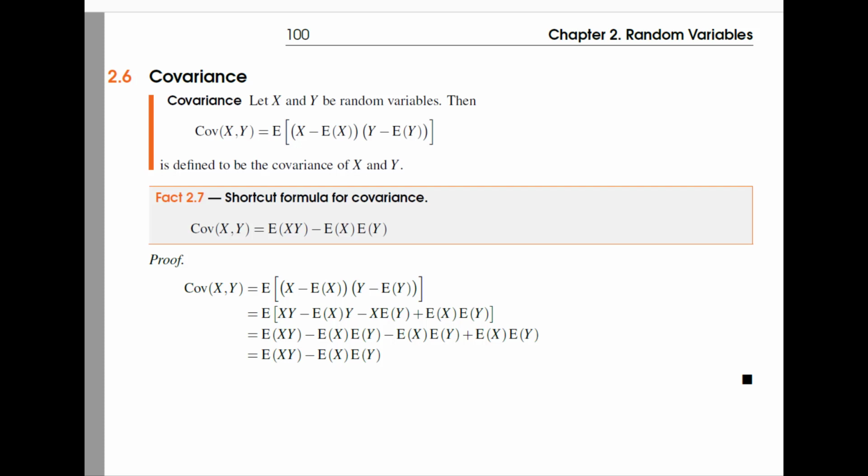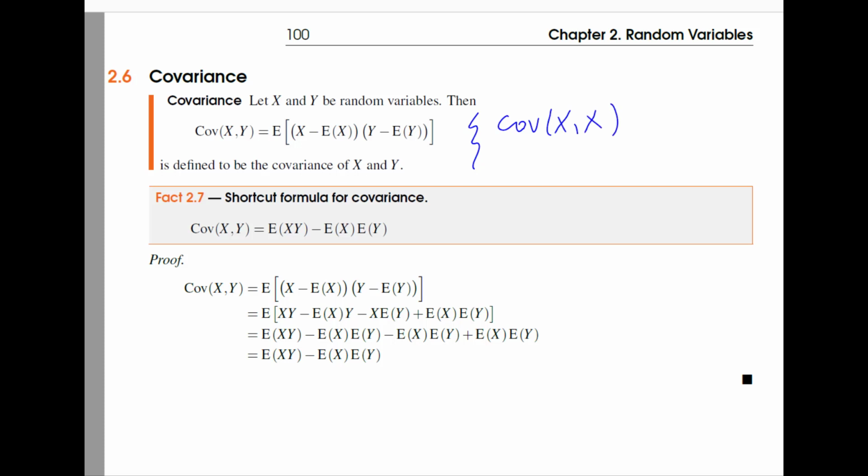So covariance is very similar to the variance. In fact, they're related, and it is defined as follows. So that's your formula. Let me just right off the bat tell you the relationship with variance.